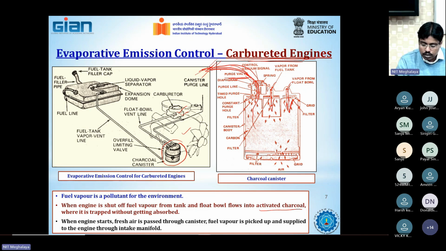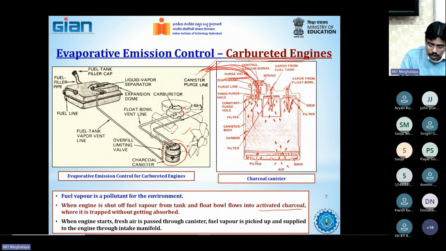In this way, the vapor which has been stored in the charcoal is released and goes to the intake manifold. The way the fuel vapor is stored inside the charcoal and again released from the charcoal canister to the intake manifold is called purging and depurging of the fuel vapor.